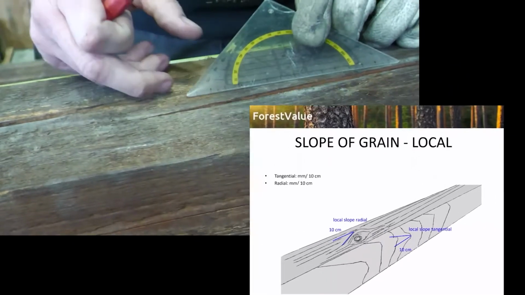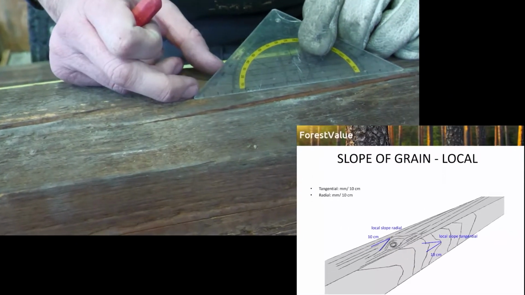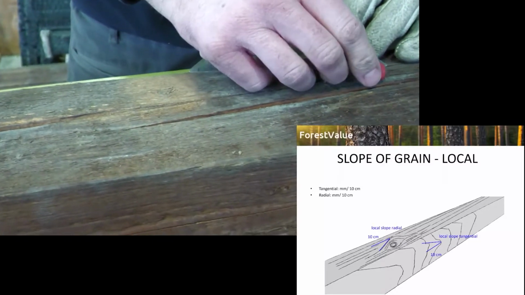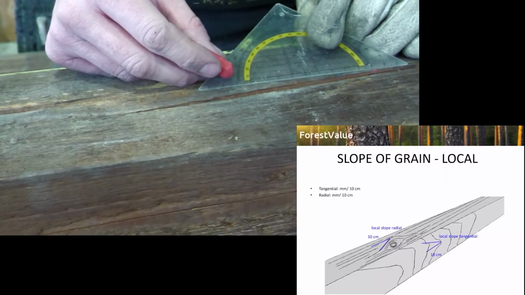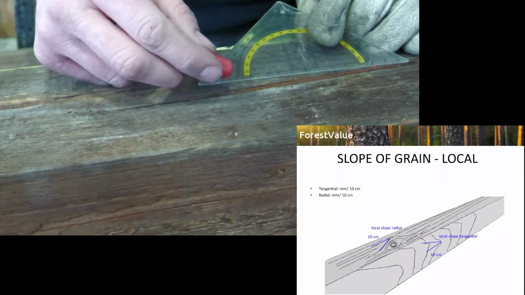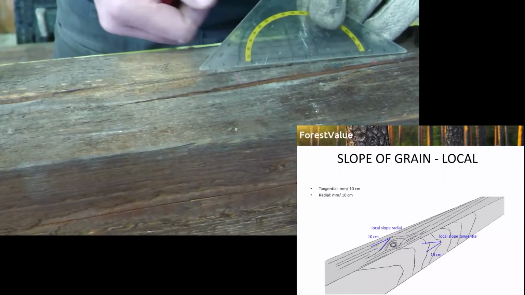In addition, the maximum local slope of grain of 10 to 20 centimeters was measured in the middle part. The measurements were recorded for the radial and tangential surfaces separately.